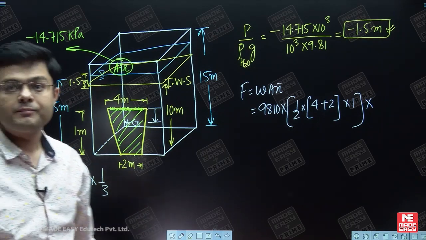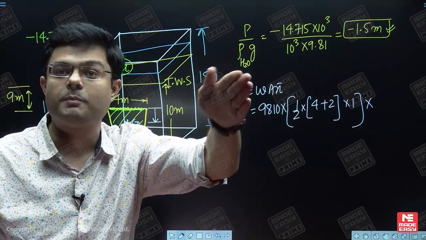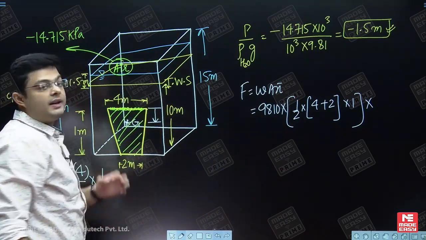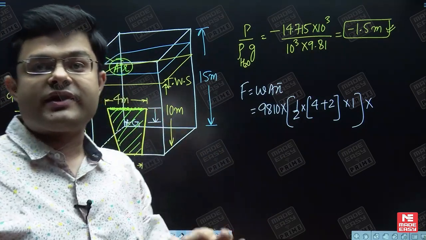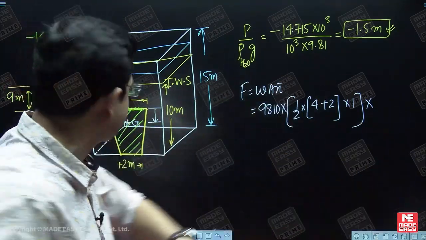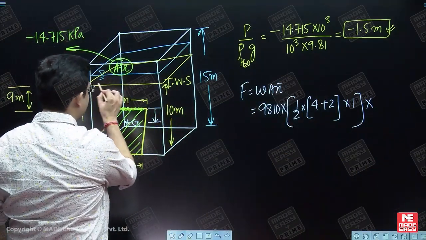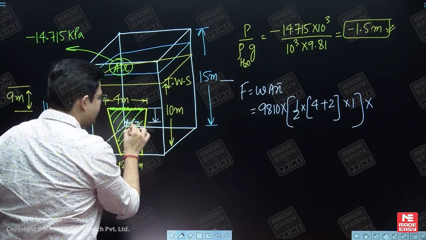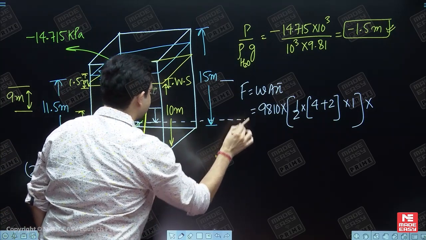Excellent students of India. But is this your X bar? No, this is not X bar. All the calculations you are going to do on the basis of the imaginary water surface. So where is the imaginary water surface? Here it is. This is your imaginary water surface, and this is your CG distance.